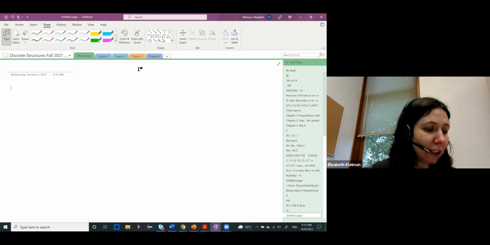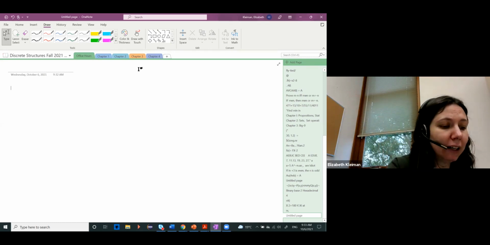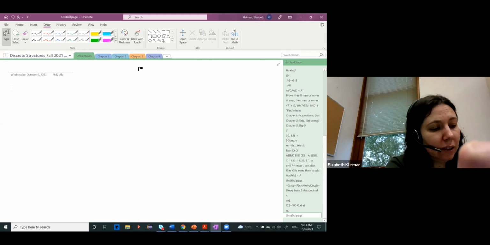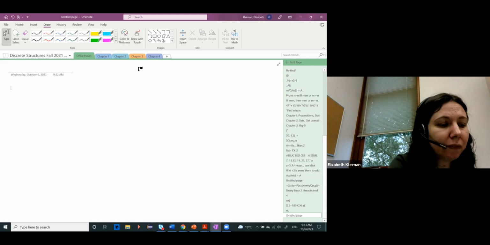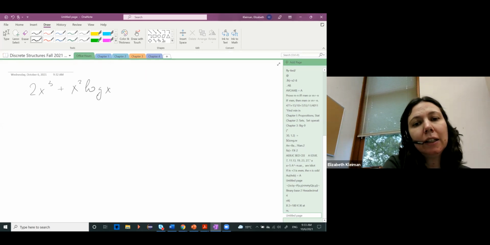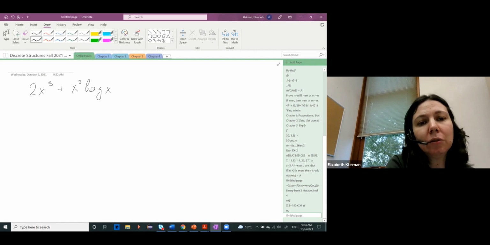When you have a question and you need to decide what is the n, let's look at something, let's do the 7a. We have 2x cubed plus x squared log x. In this case, I need to decide which term is bigger, this one or that one.